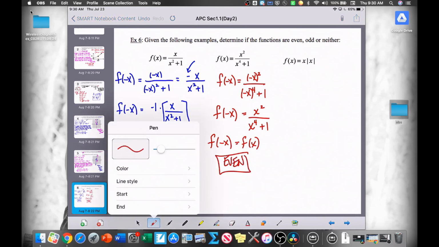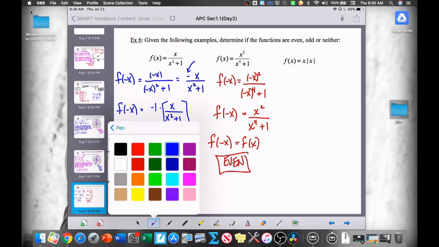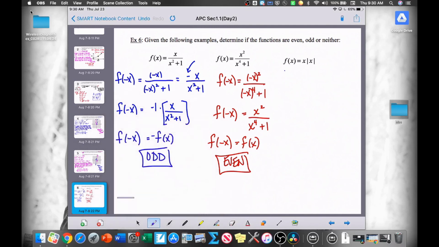The last example is a little bit tricky because they're throwing some absolute value at us. But we're going to do the same thing. f of negative x is equal to negative x times the absolute value of negative x. And now we need to simplify.